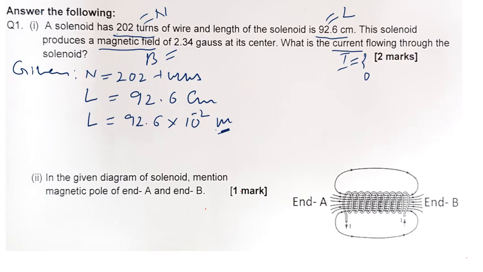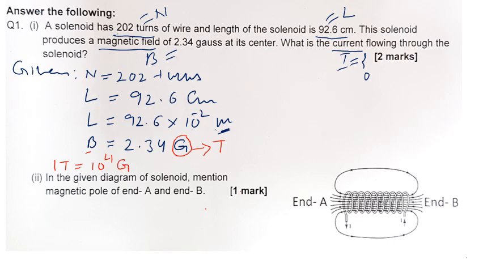Now the value of the B is given. This is 2.34 Gauss. So here the unit of the magnetic field is given in Gauss. So you cannot take this Gauss. This Gauss should be changed to Tesla. The relation between the Gauss and the Tesla is that 1 Tesla is equal to 10 to the power 4 Gauss.